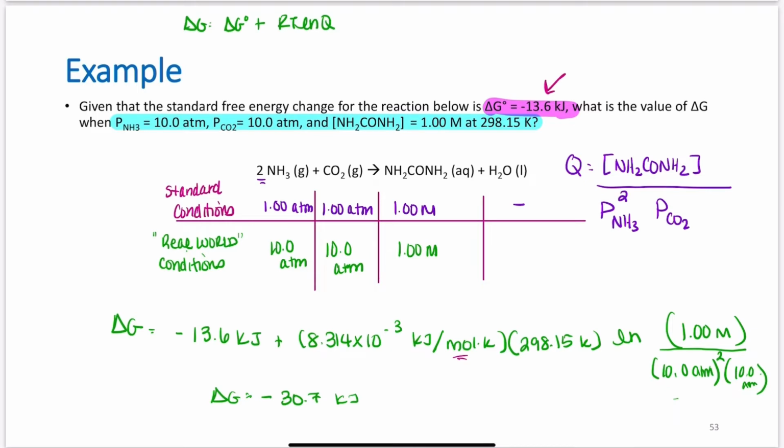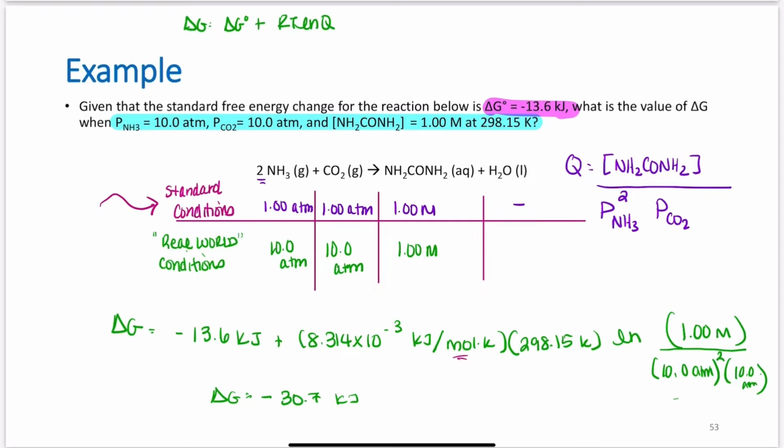Does this answer make sense though? Well, think about what this means. What does delta G mean? Delta G means how likely this reaction is to proceed as written. Under standard conditions, when everything is 1 atmosphere, 1 molar, delta G is negative 13.6 kilojoules. I have now drastically increased the pressure, 10 times higher, for both reactants, but kept the concentration of my product the same.